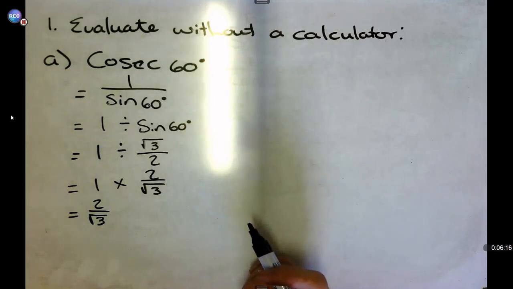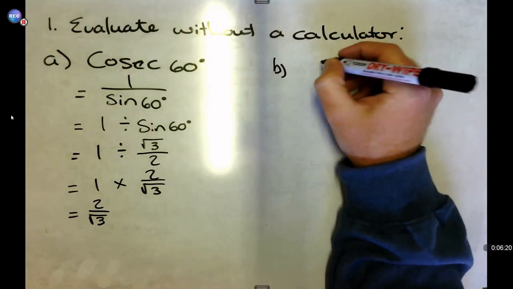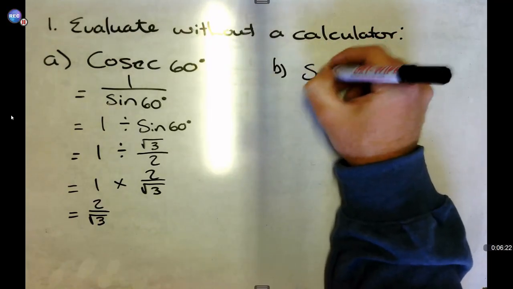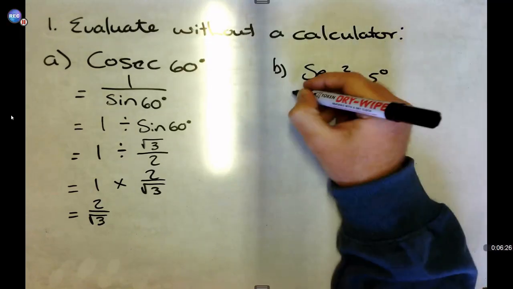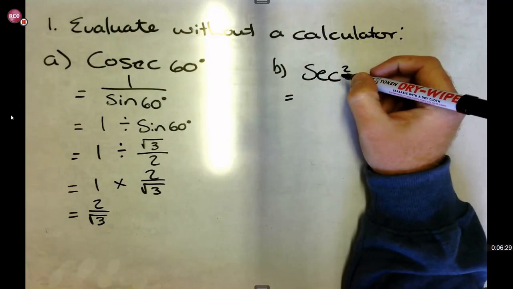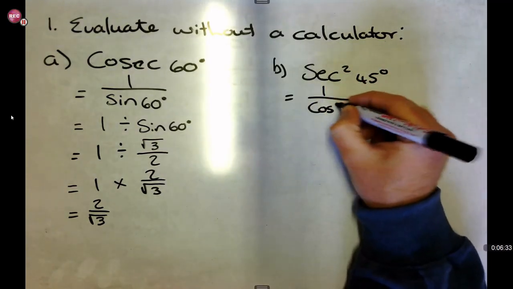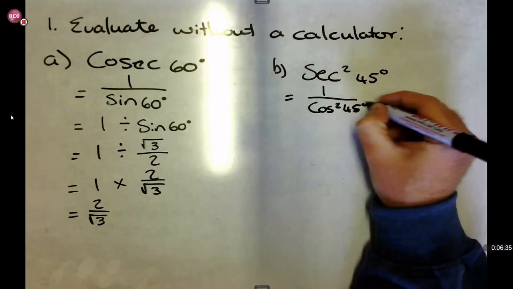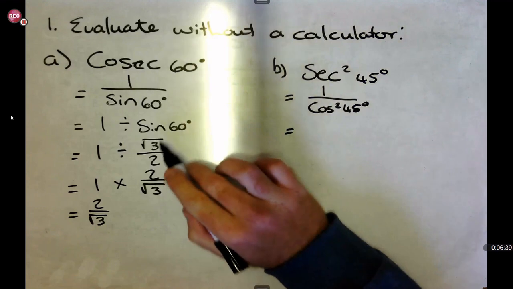Okay, for question B, if I ask you to solve something like sec squared 45 degrees, the reciprocal function for sec is cos. So it's 1 over cos squared 45 degrees. What you need to do now is rewrite it like we've done over here.